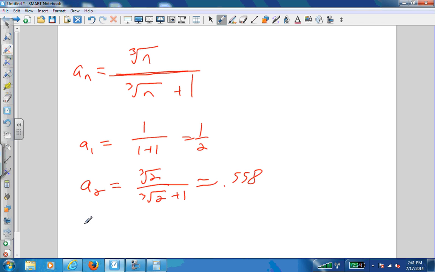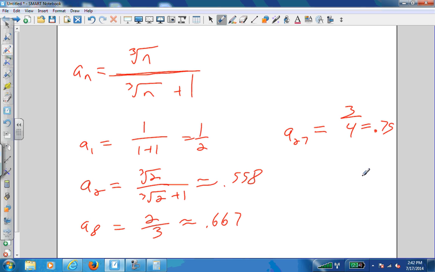If we skip a little ways to 8, the cube root of 8 is 2, over 2 plus 1, so 3. That's about 0.667. Skipping further down to 27, the cube root of 27 is 3, 3 plus 1 is 4, so 0.75.